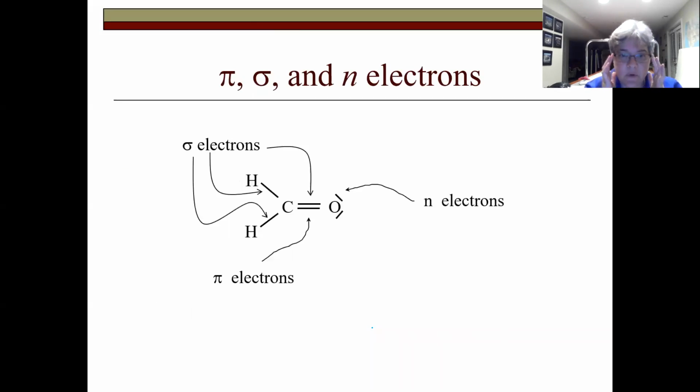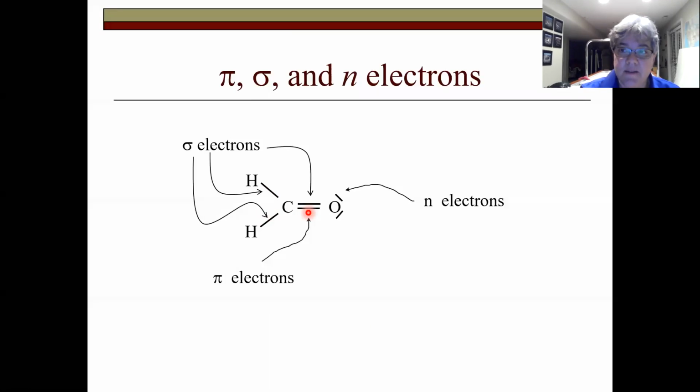To give you an example, here is a molecule that has these 3 types. We said the first type was the sigma electrons. That's single bonds. So you see there are single bonds, here and one of these bonds. If we say a sigma electron is absorbing light, those are those electrons in the single bonds. Then we can talk about pi electrons. For this you need a double or triple bond.